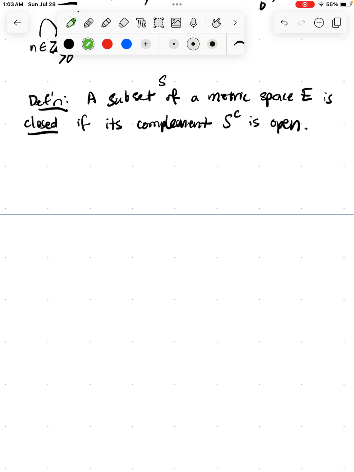And what does the word complement mean? The complement means all the elements that are not in S. So these are elements x in E such that x is not an element of S. Okay.